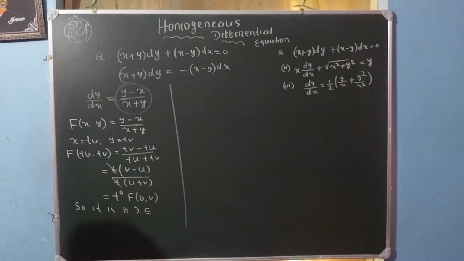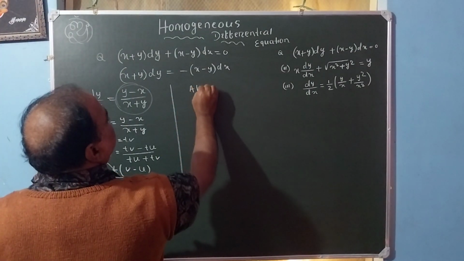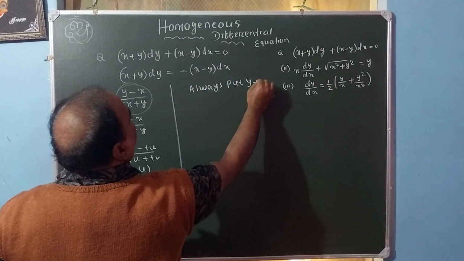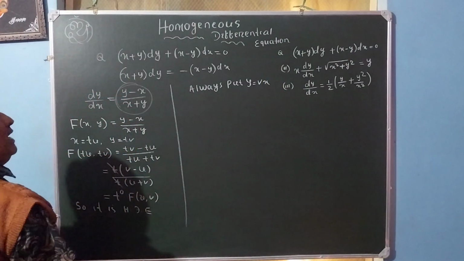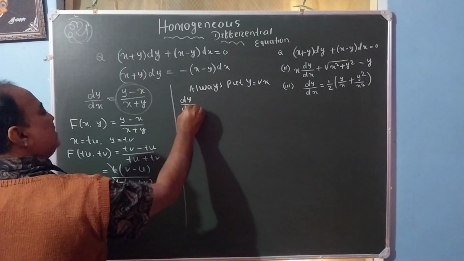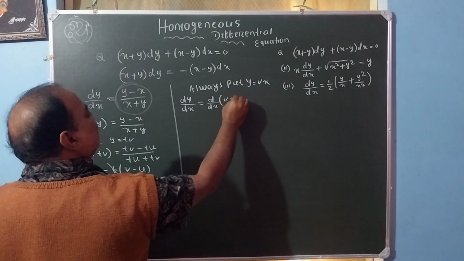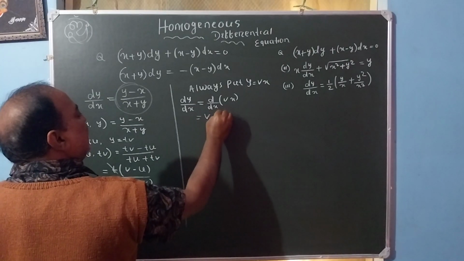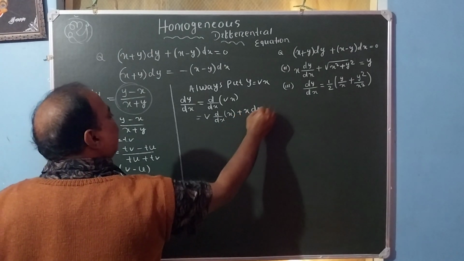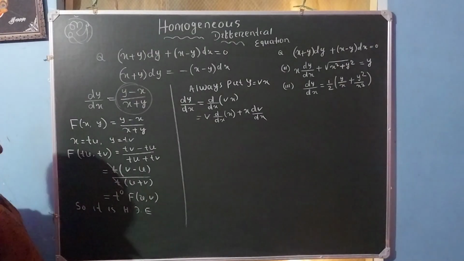When it is a homogeneous differential equation, always put y = vx. Write down. Then differentiating on both sides with respect to x, dy/dx = d/dx of vx. Applying the product formula, u into derivative of v plus v into derivative of u.